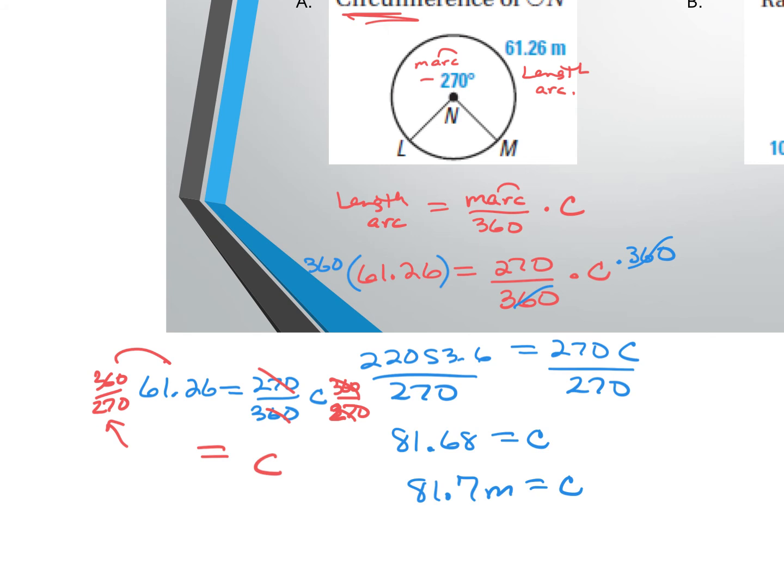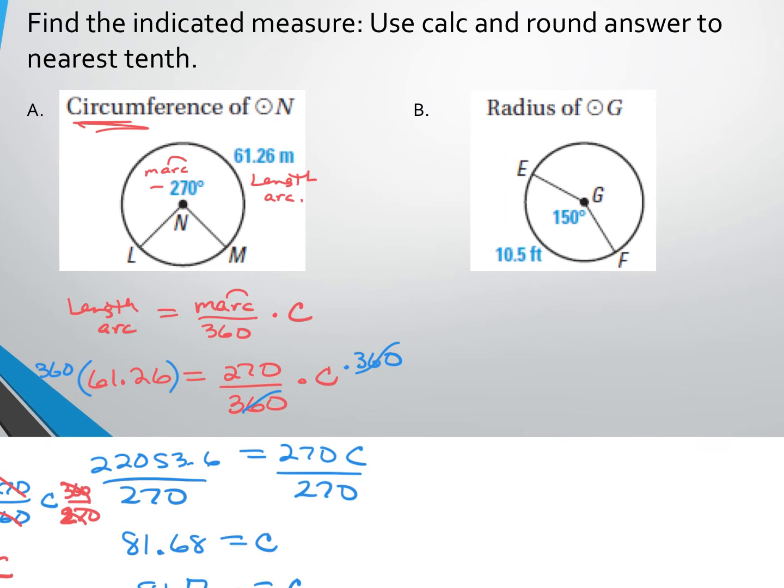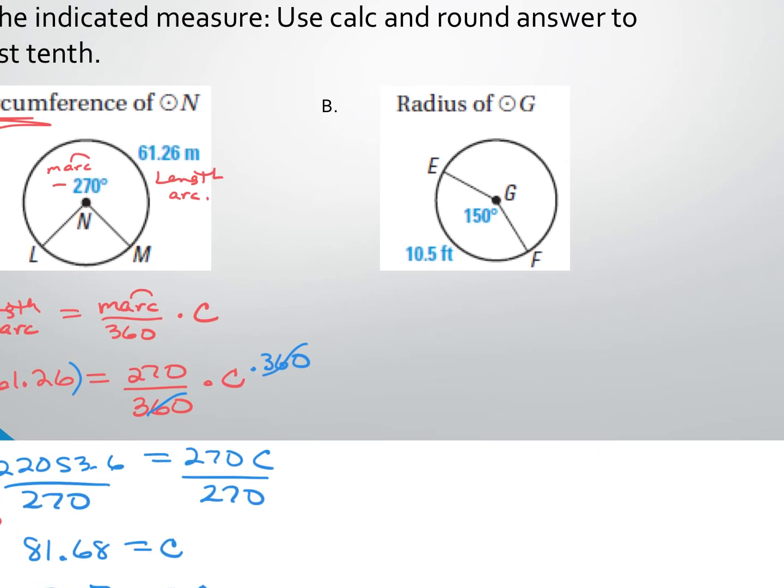All right, let's try the next one. We're trying to find a radius. So this is the arc length, or the length of the arc. This 150 is the measure of the arc, because it's got degrees. So I'm going to do 10.5 is equal to 150 over 360.